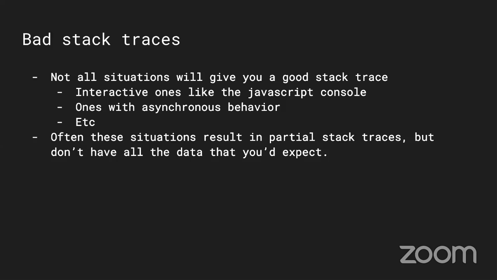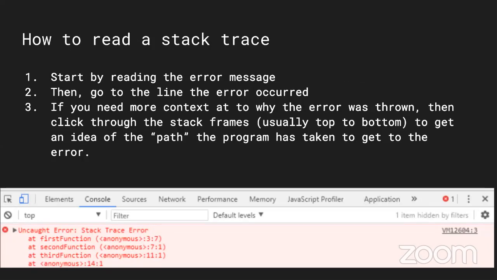What you'll often see in that case is something that looks like this. You'll see anonymous and these line numbers. If you click on it in Chrome, it'll take you to that file and show you the line of the file that it went wrong on. But because all that stuff is in this in-memory file, if you want to get a bunch of stack frames, it'll cut them off after a while, because Chrome just does stuff in a weird way.